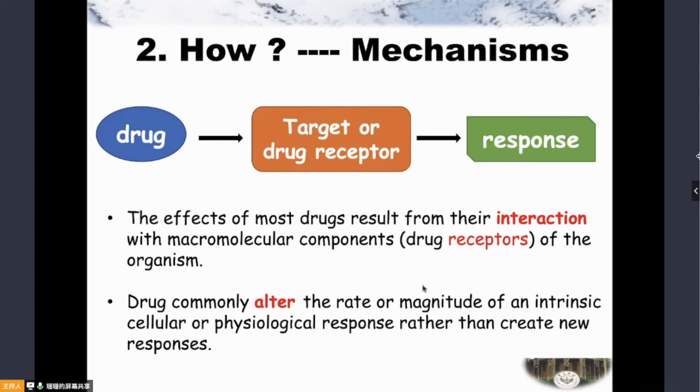We call them drug receptors. Actually, a drug cannot create a new response. Drugs have their effects by altering the rate or magnitude of an intrinsic cellular or physiological response by binding to their receptor.